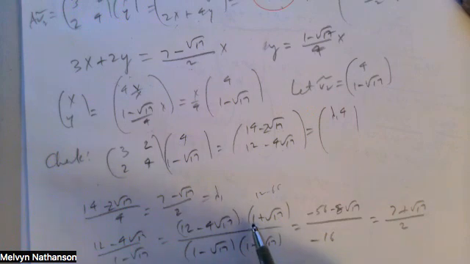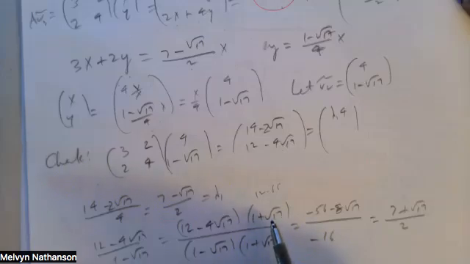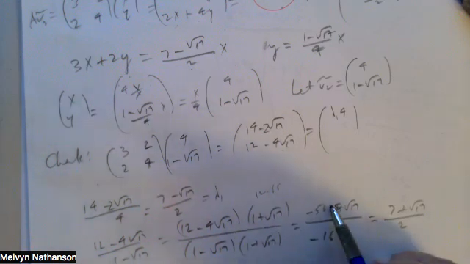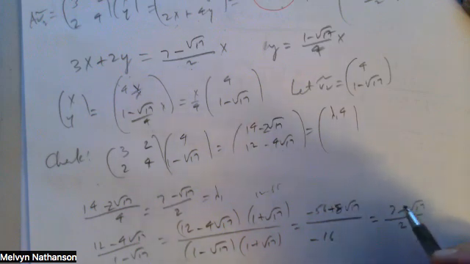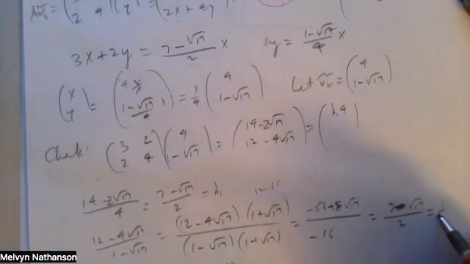So I have 12 minus 68 is minus 56. I have 12 root 17 minus 4 root 17, which is plus. So if I divide by minus 8, this is 7 minus root 17 over 2, which is lambda 2.